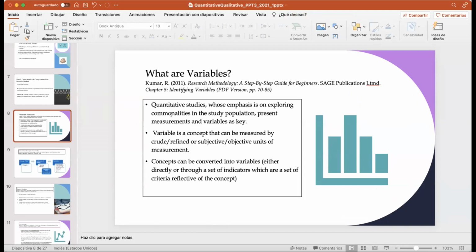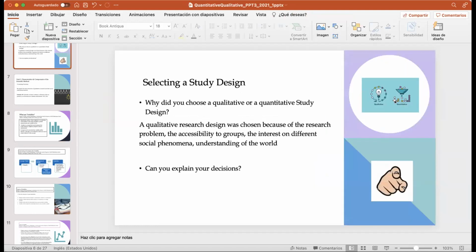What is common? I am not interested in different kinds of experiences or visions of the world or perceptions, but I try to explore what is common in the study population. That's why everything is organized in patterns based on what they have in common.